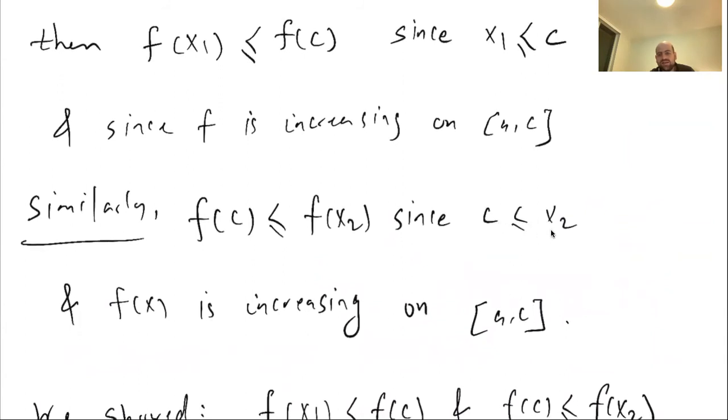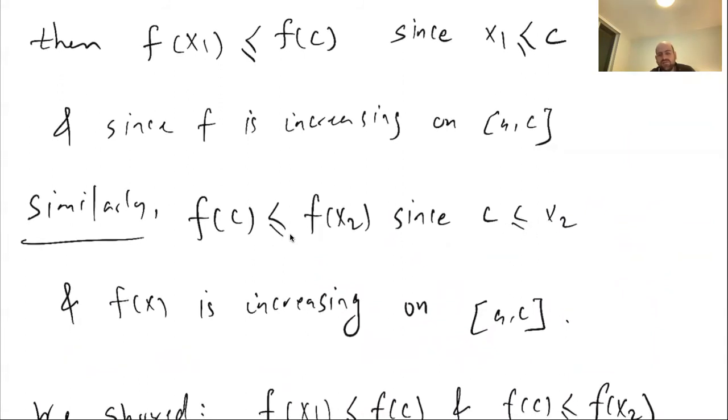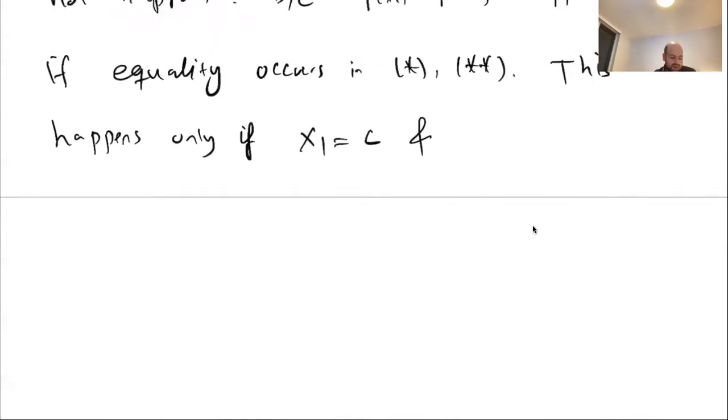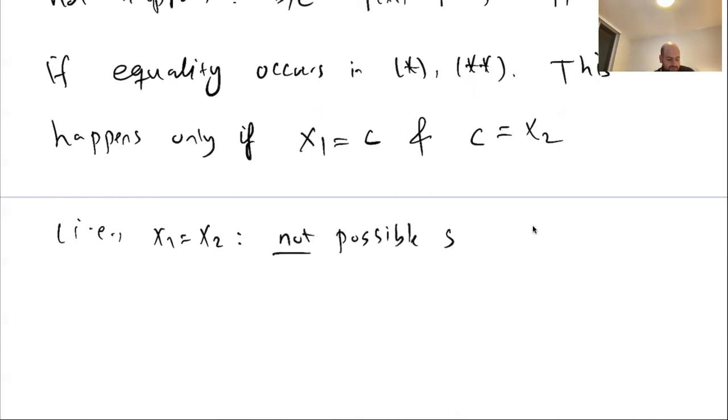Because again, if c is less than x2, f of c will be less than f of x2. So f of c can equal f of x2 only if c equals x2. So x1 equals c and c equals x2 means what? x1 equals x2. And this is contrary. This is not possible, since x1 is less than x2.